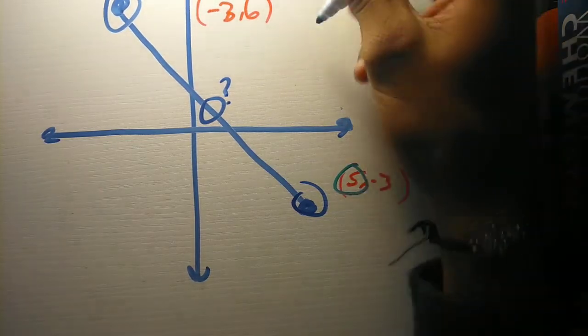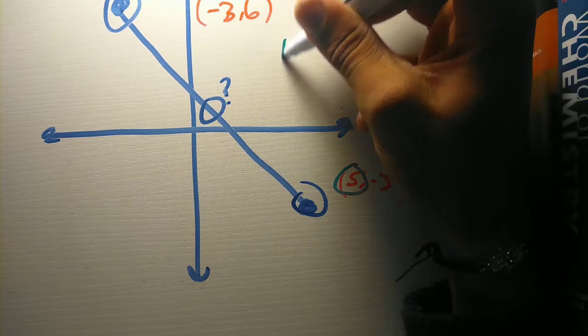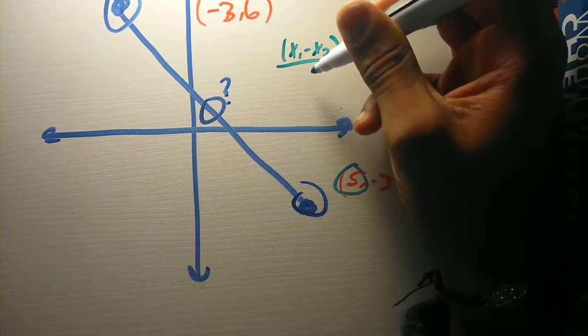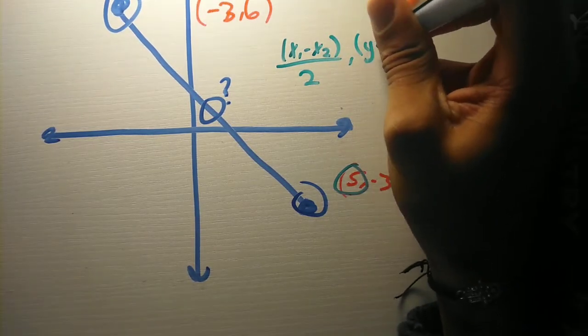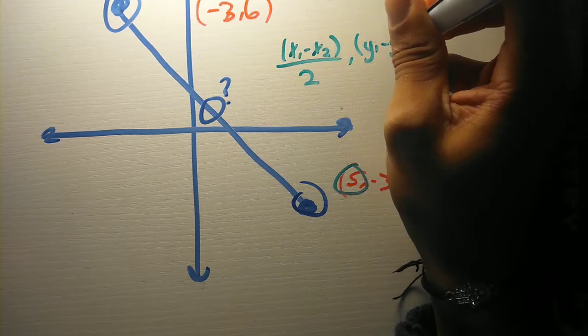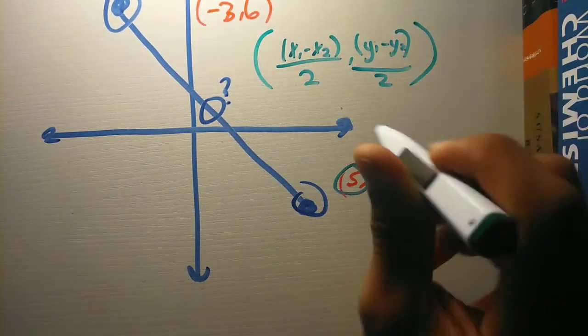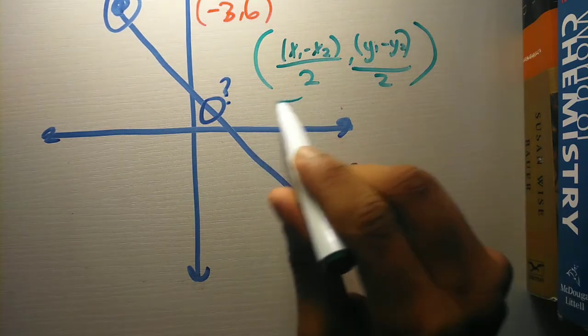Let me write it out real quickly, and then I'll define each of the variables. We have x1 minus x2 over 2, comma, y1 minus y2 over 2, and this is equal to the midpoint.